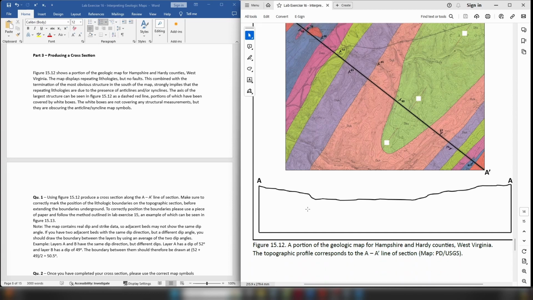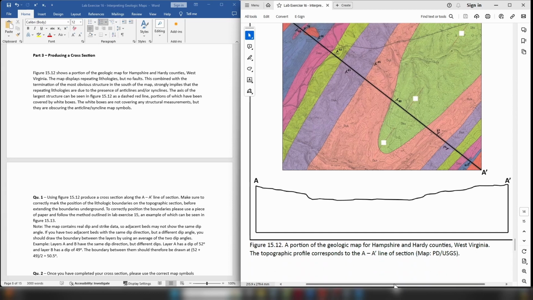So, okay. For part 3, we are going to be drawing a cross section going from A to A prime. And you will see the topographic profile is given directly below the geologic map. Now, in this instance, you will notice that the topographic profile is not orientated parallel to the line of section on the map.